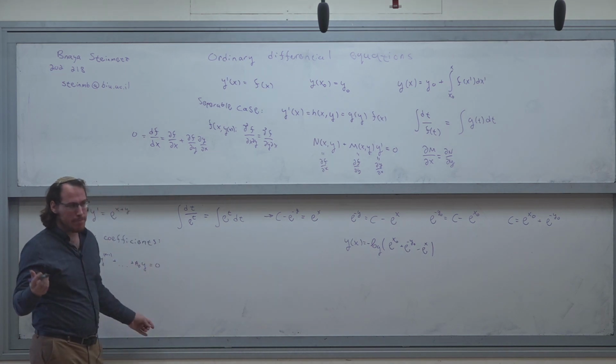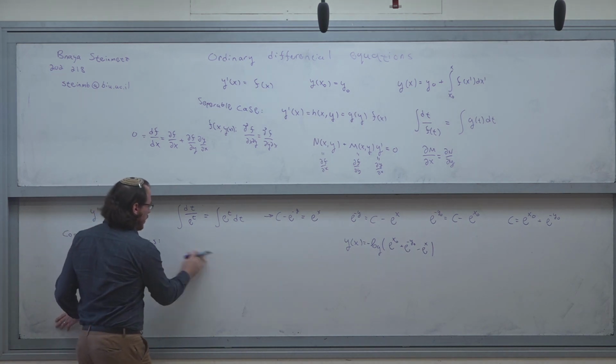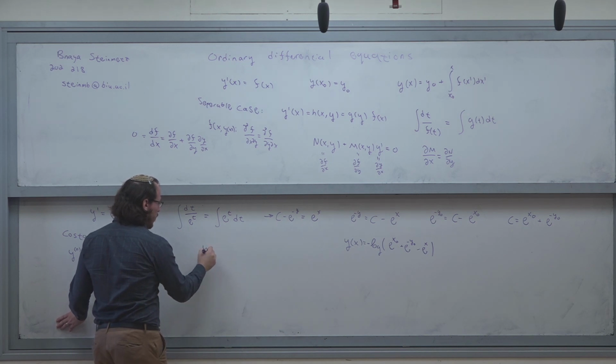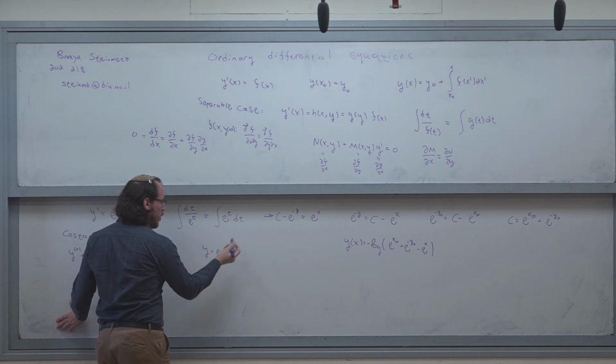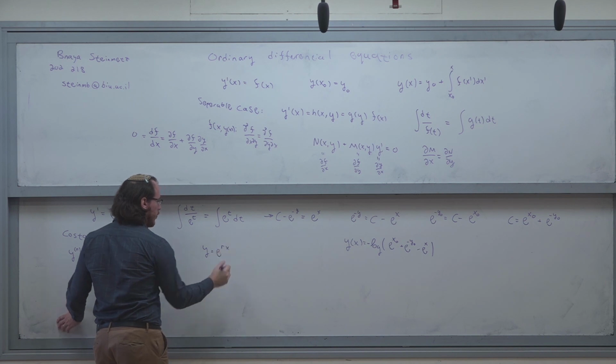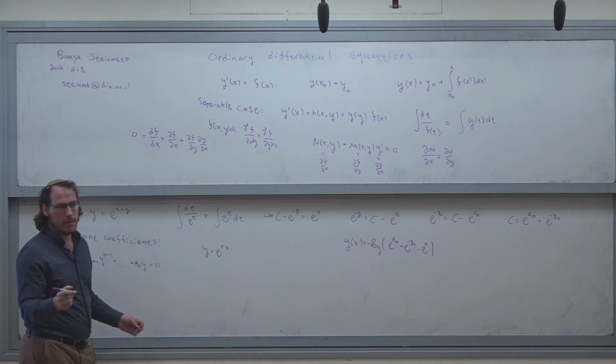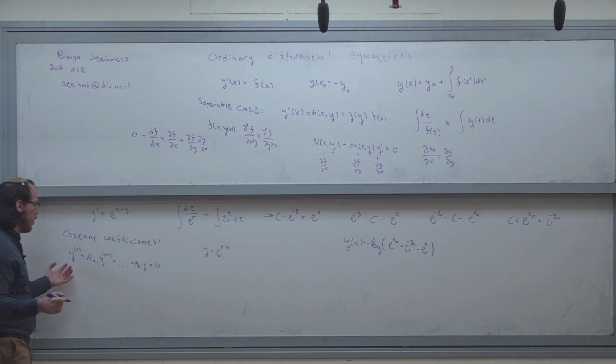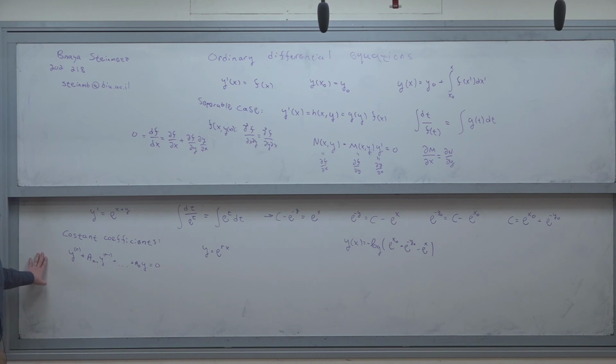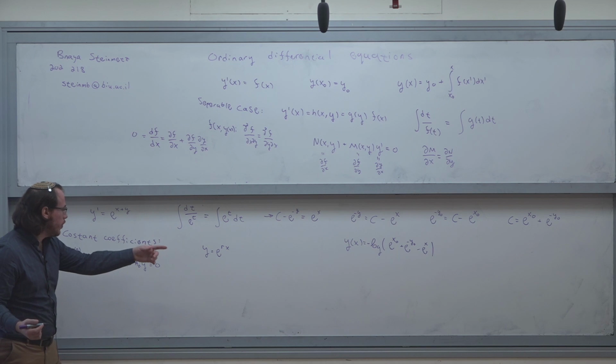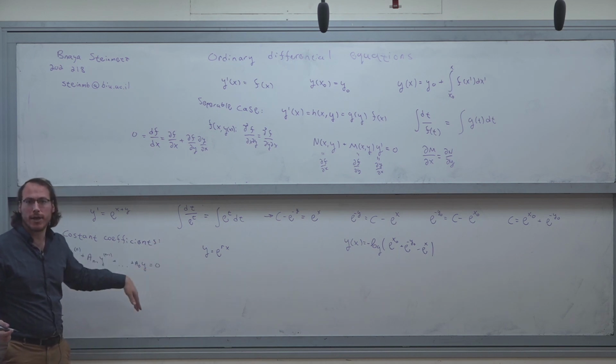So we can plug in answers of the form e to the r x, right? And then this becomes just an algebraic equation, because the exponential will be in all the terms. We just cancel it out.